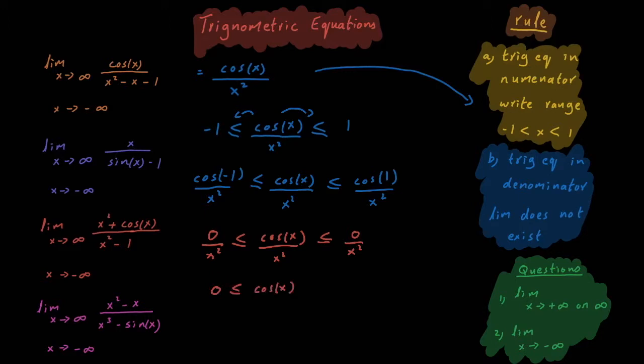So what we have got is that the equation in the middle is greater than or equal to 0 and less than or equal to 0. There's only one value which holds true for that, and that is 0. So 0 is your answer.